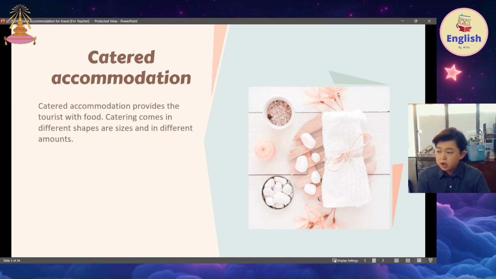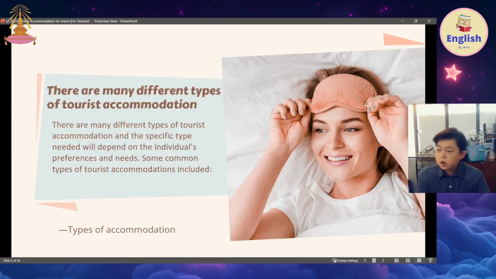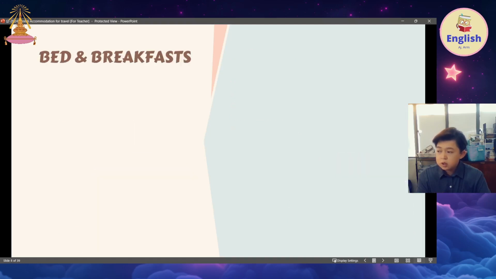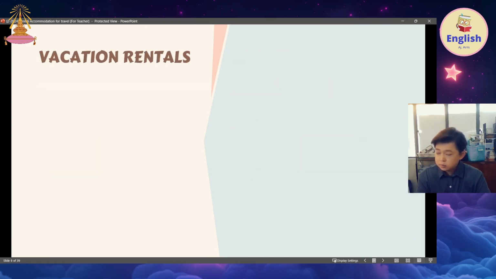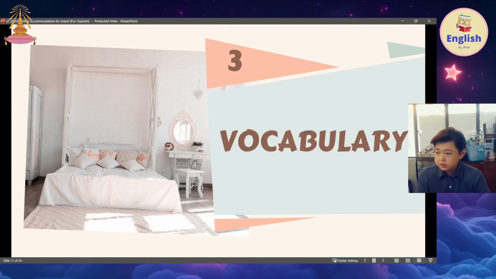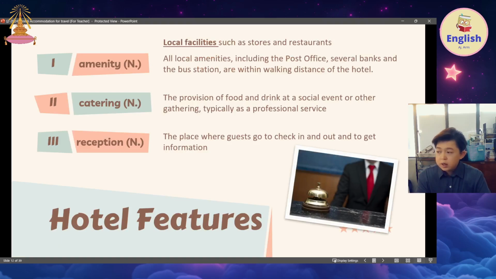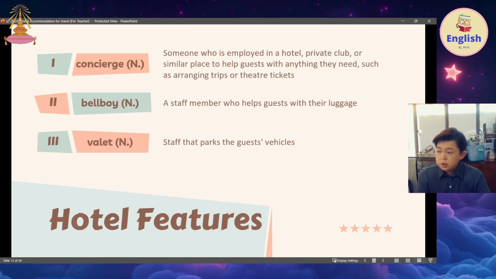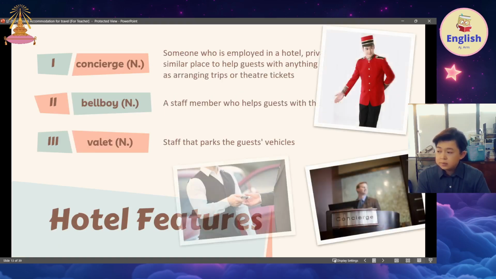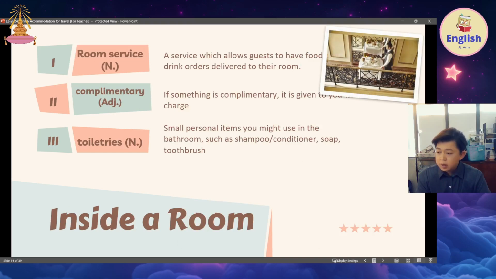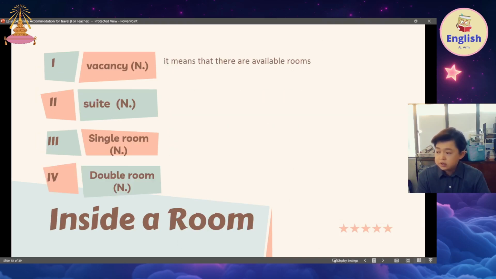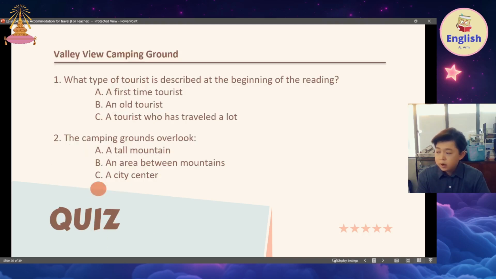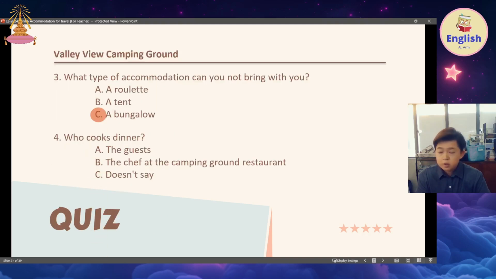Catered accommodation, half board, full board, hotel, motel, bed and breakfast, hostel, vacation rentals, campground, resort, homestays, and useful vocabulary like amenity, catering, reception, concierge, bellboy, valet, room service, complimentary, toiletries, vacancy, suite, single and double rooms. Reading and then answering multiple choice questions.